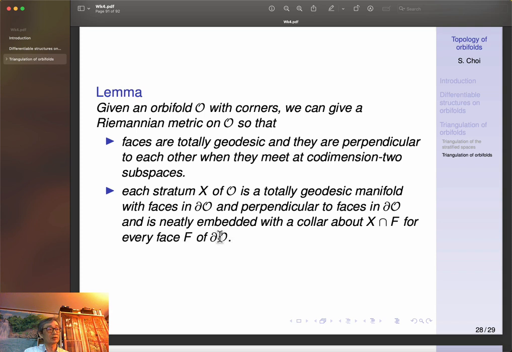Here neatly embedded means that it is kind of perpendicular. I'm not going to say too much about that, but please read my book. These are just facts, since you can always do everything locally, and then use a partition of unity to make these happen. That's the basic idea here.